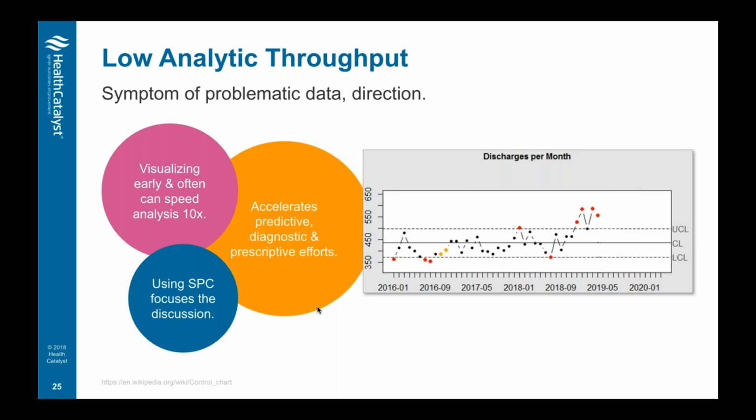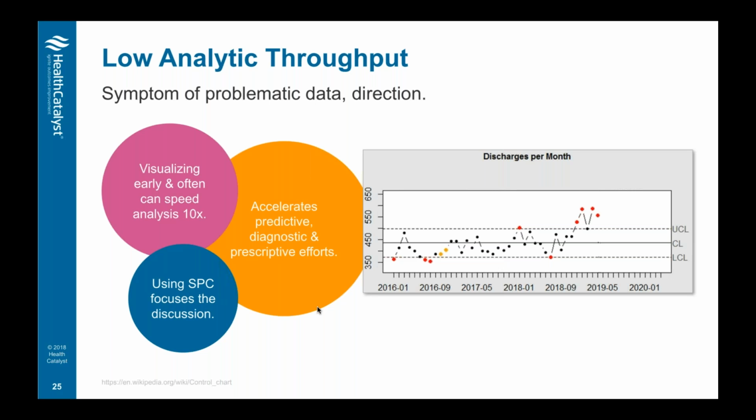And if we've been looking at the data and have a sense of what counts, what's our discharge count by month, then we're in a much better spot to start the analytic process. The other is it helps you identify an outcome. So if the thing that we were trying to improve, since we're talking about hospital discharges, the common ones are length of stay or readmission or mortality or something like that, then it would have also forced us to define that outcome.